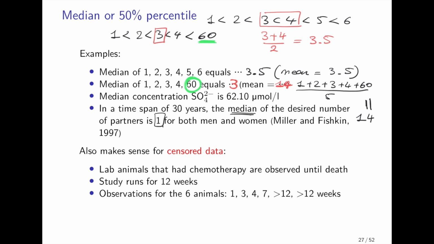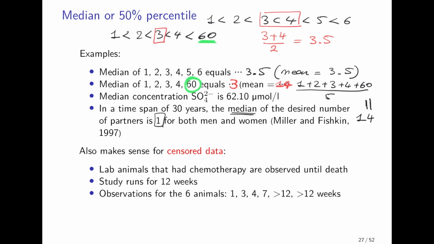So what you see is that the median is robust to outliers. That 60 is an atypical value, we could call it an outlier, a very extreme value. But the value of the median does not depend on that outlier. We say that the median is robust to the outlier.